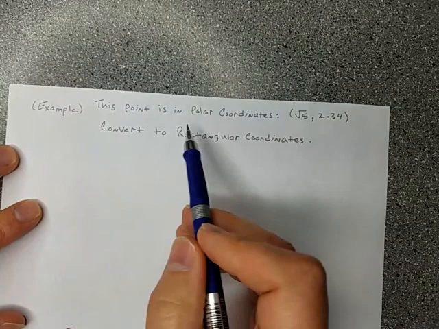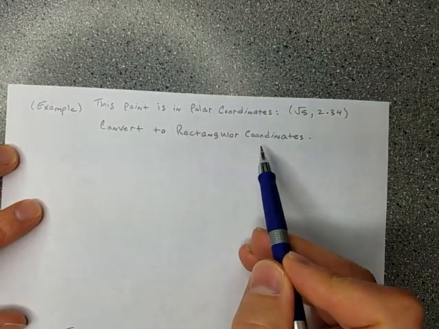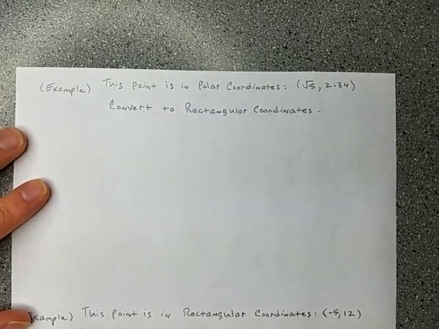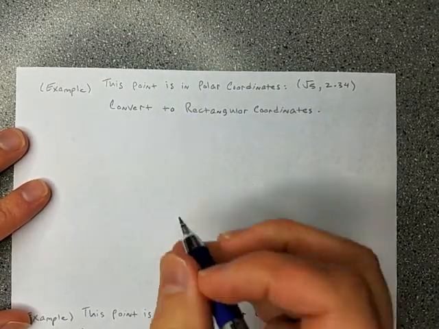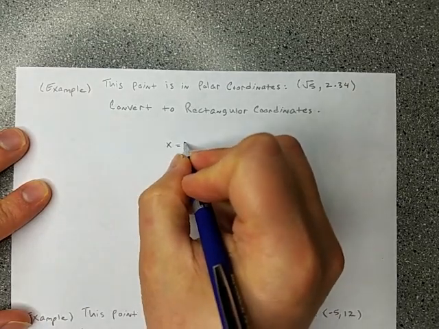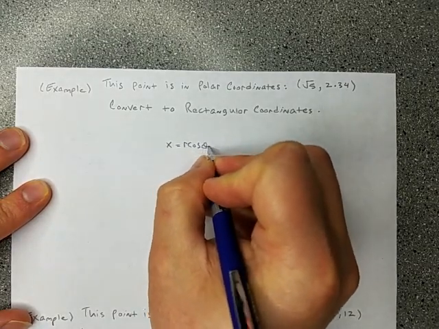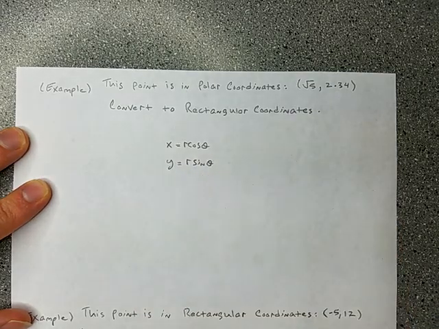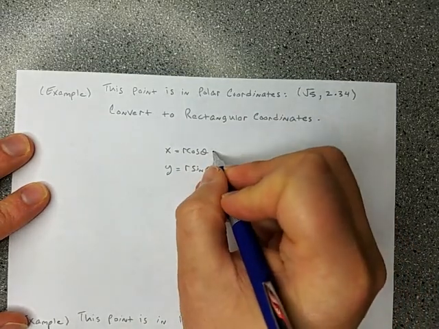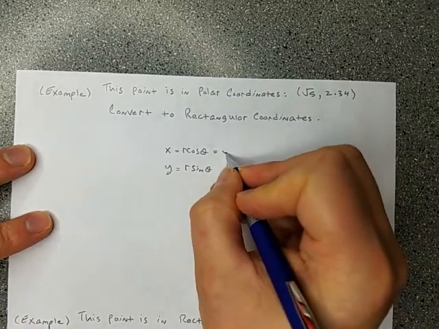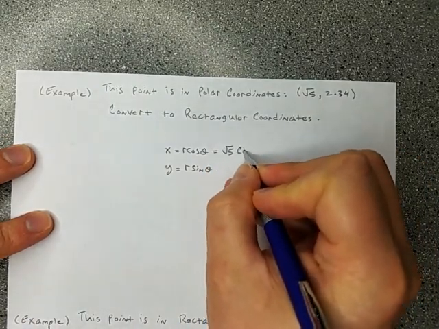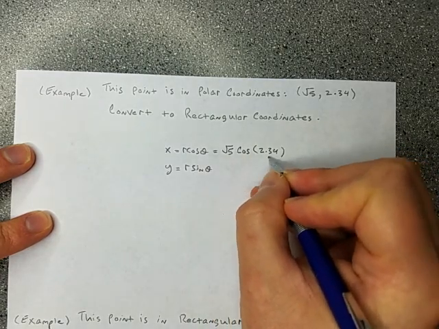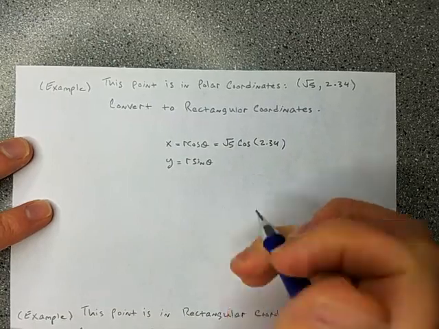Okay, so this point is in polar coordinates. Can you convert it to rectangular? That's the easier kind of problem, I think, converting from polar to rectangular. It's just that x is going to be r cosine theta and y is going to be r sine theta. It's not that bad. So the x coordinate will be r, which is root 5, times cosine of 2.34 radians. That's not degrees, that's radians.